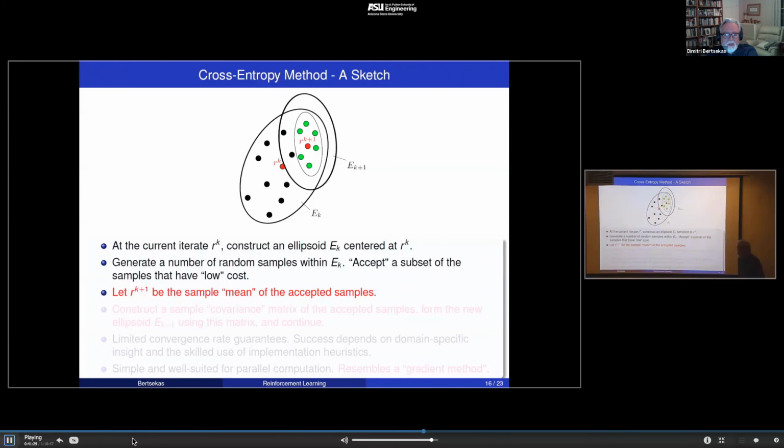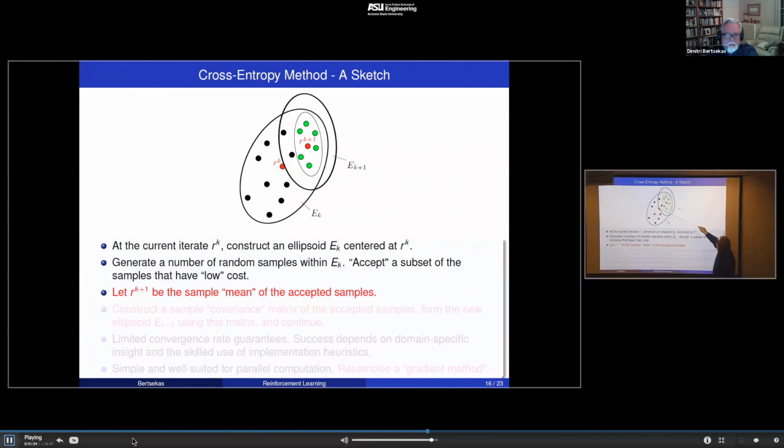And then I have to generate a new neighborhood. And for this, I look at the shape of this region here. So I look at the sample variance or the sample covariance of these green samples, and it defines an ellipsoid. Now, this ellipsoid will encircle those green points, but I want to make it bigger.